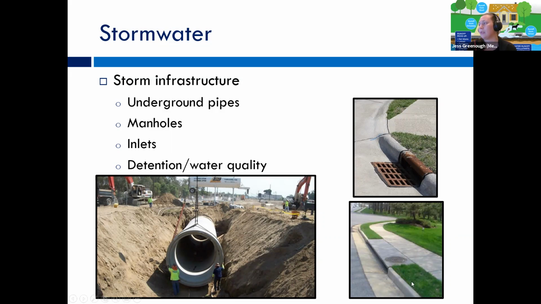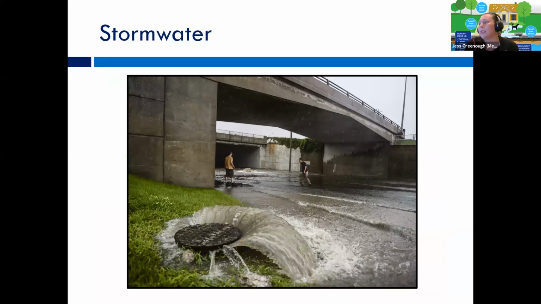You might see different types of storm inlets as you walk around or drive around. You might also see manhole lids, and you may have seen a detention or a water quality pond, an above ground pond. So this is what can happen when we're not managing our stormwater, which is why we take this into account.